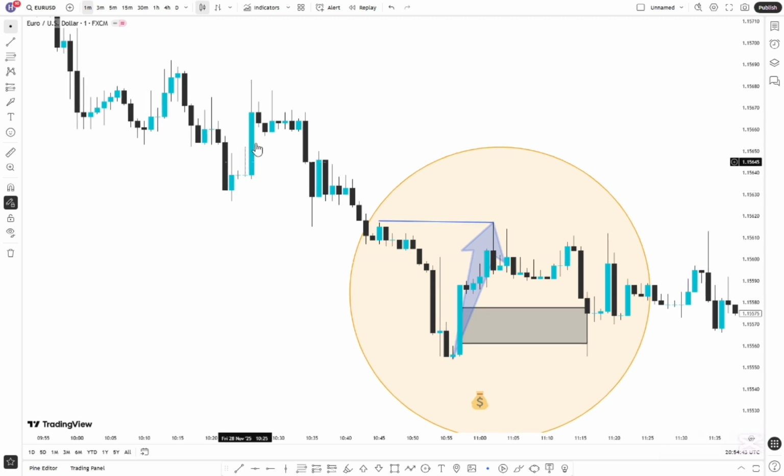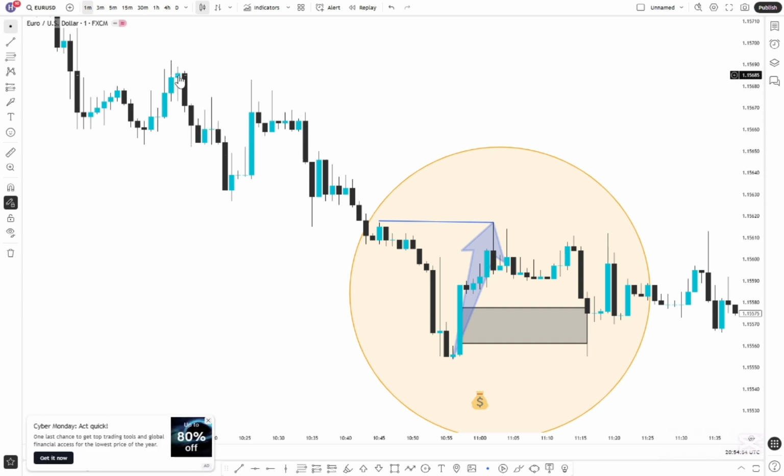Now, let me go back and show you something. If you take a look at this one here, you see, when the market comes down, when there's a bearish market, this makes it the step. That is the step, and this is the step, and this makes this the key. That's the key to this step.